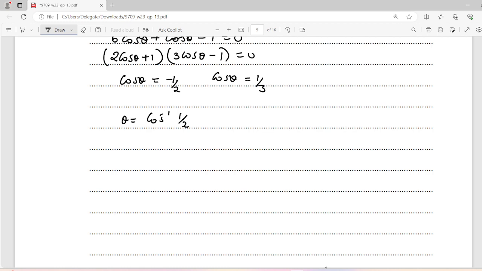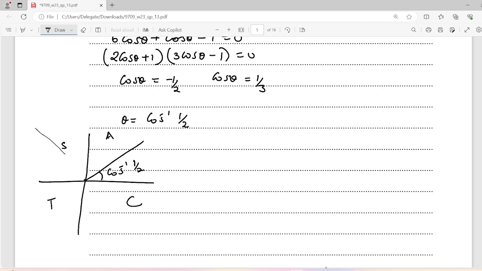So it means that this angle that I've gotten will be for here. This is the cos inverse of a half. But remember, all scientists take chemistry. The answer I'm supposed to give should be in the quadrant where cos is negative. So it should be in this quadrant and in that quadrant. Meaning, the answer that I should give should be pi minus, because the angle here in the second quadrant is pi minus cos inverse of a half.